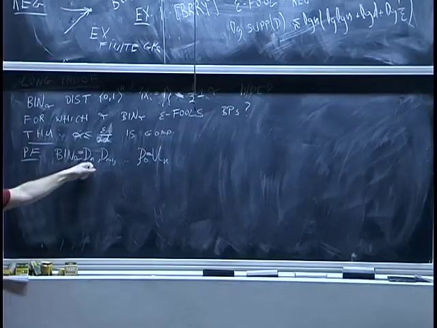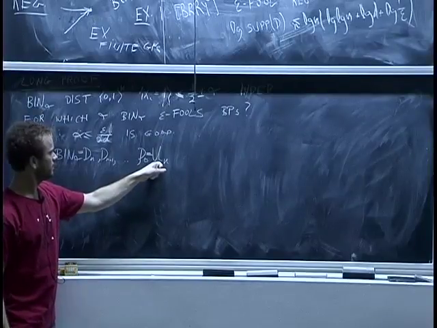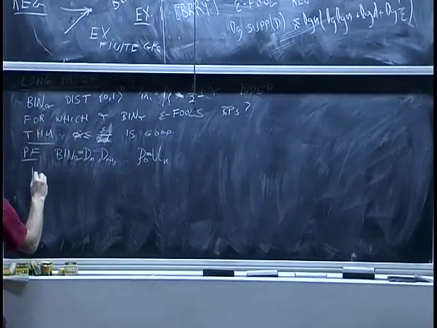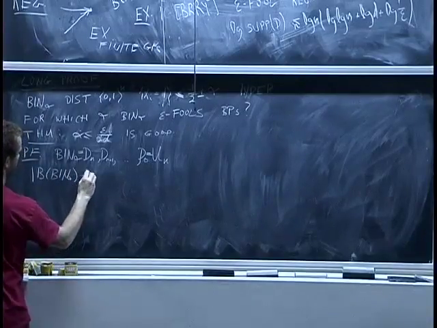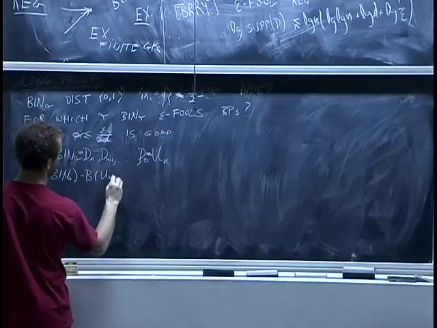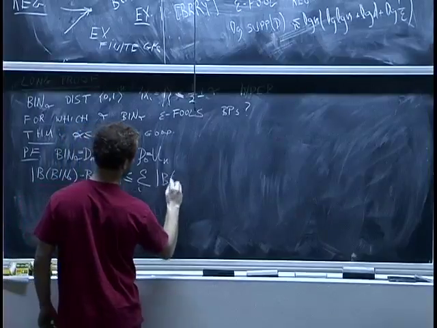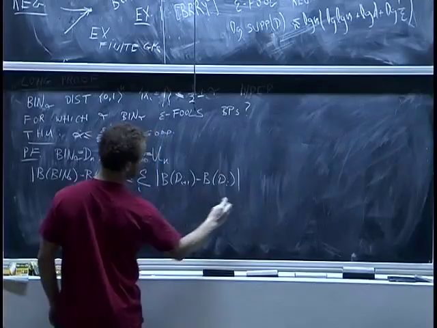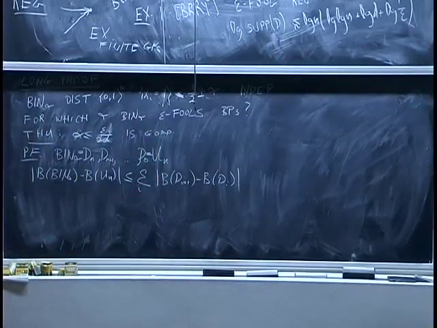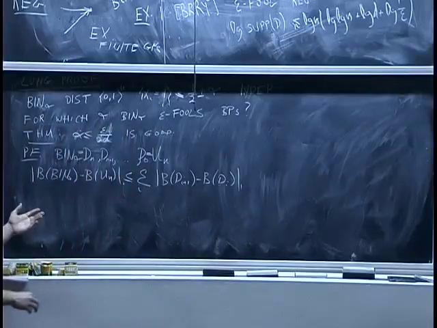We start, the first one will be, or last one will be this one, and the first one will be this one, and we'll use this simple inequality. So it's clear what is written here. This is statistical distance. Because it's a norm, we can do this.